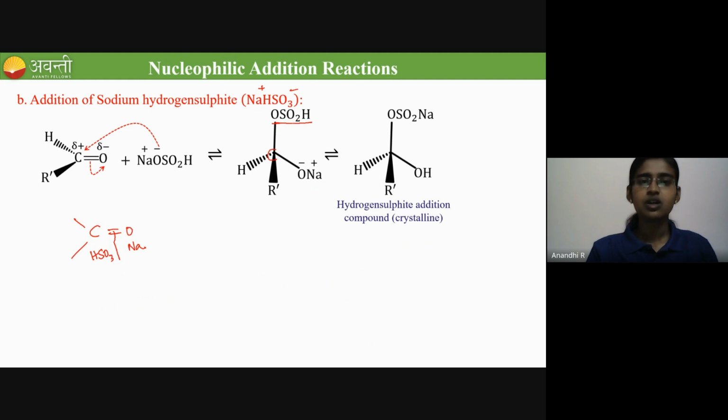And this undergoes proton transfer. Why is proton transfer happening? In the proton transfer, this H plus proton comes and forms the bond with the oxygen, and this Na plus is transferred to the place of hydrogen. So this is called proton transfer.